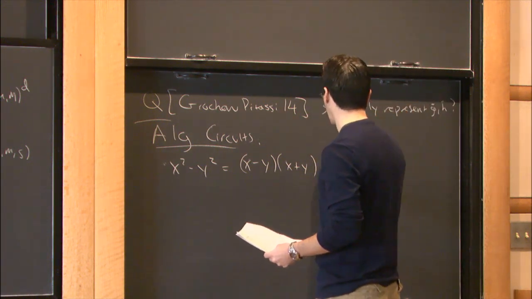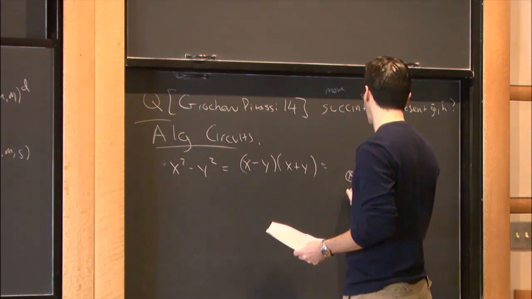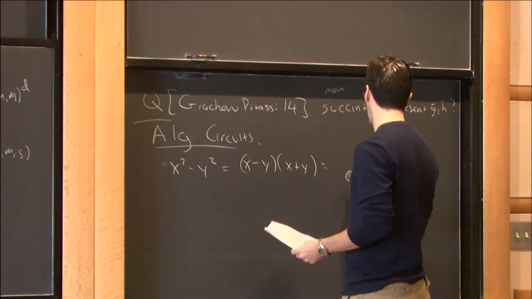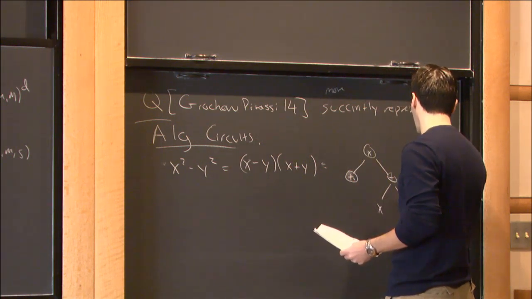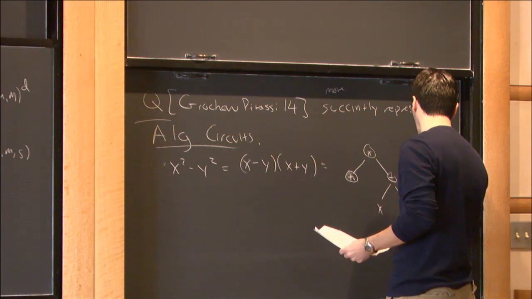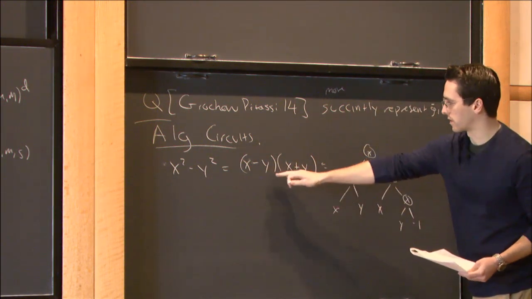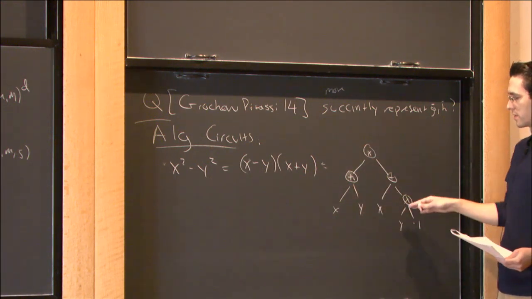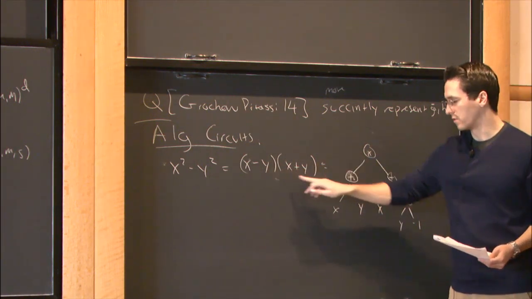And you can write this as a so-called algebraic circuit, which is, in this case, a tree. So you have x. I did this factorization, and I'm going to say this is equivalent to this diagram. Right? So you have a multiplication gate, which is multiplying these 2 factors.